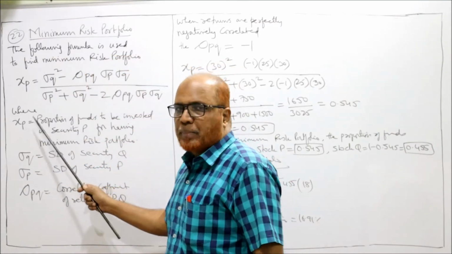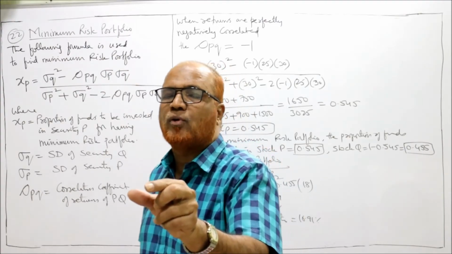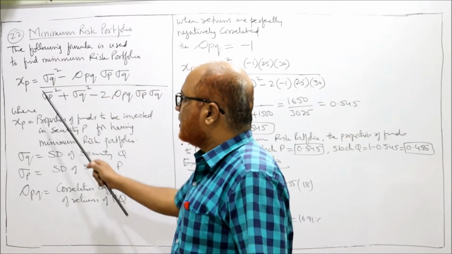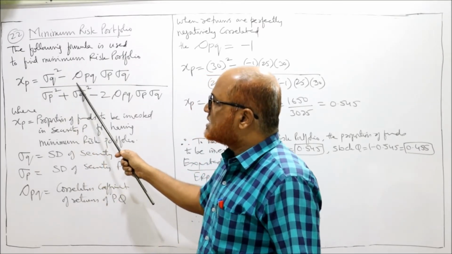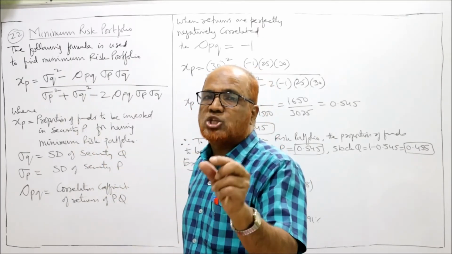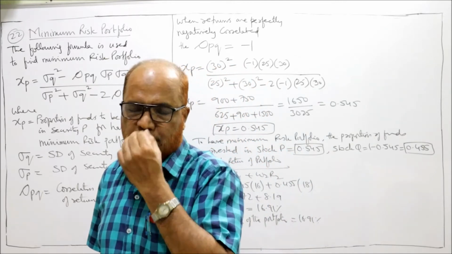So XP, the proportion of funds to be invested in security P so that the portfolio will have minimum risk, is equal to standard deviation of Q square minus rho. This symbol is called rho, and this rho is nothing but the correlation coefficient.